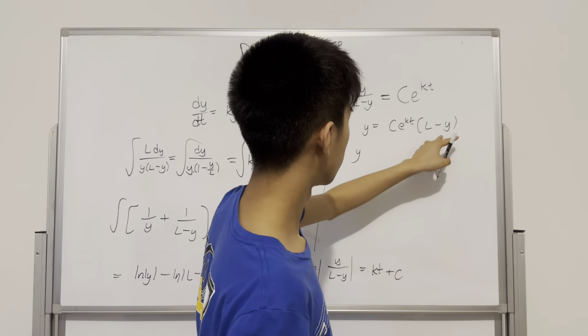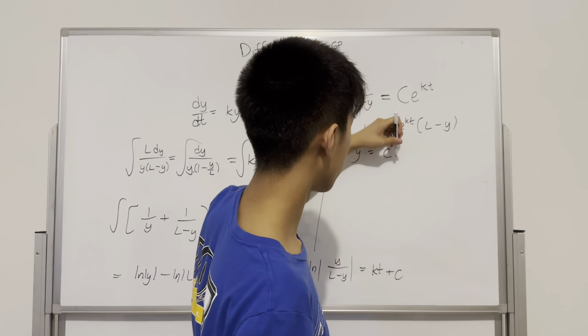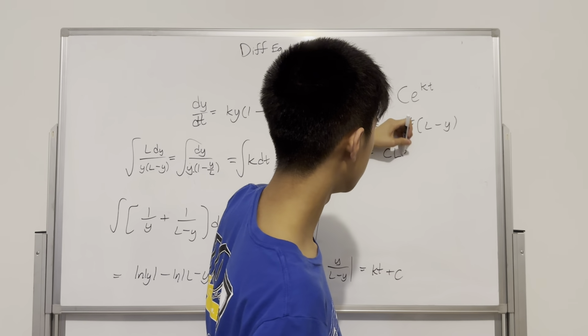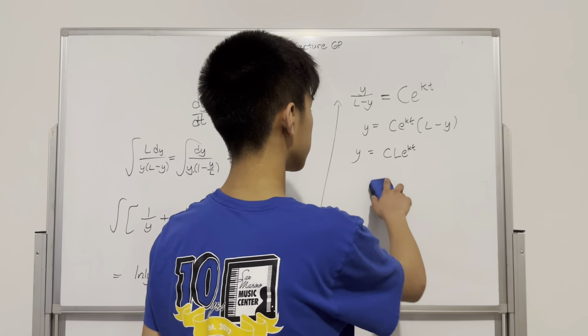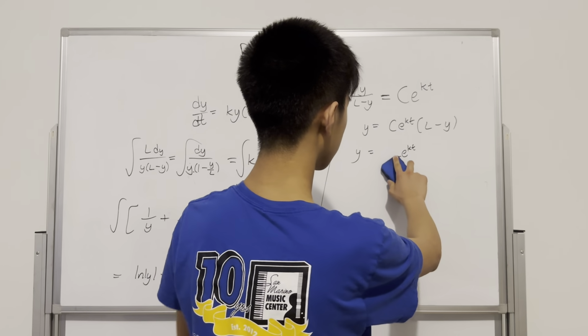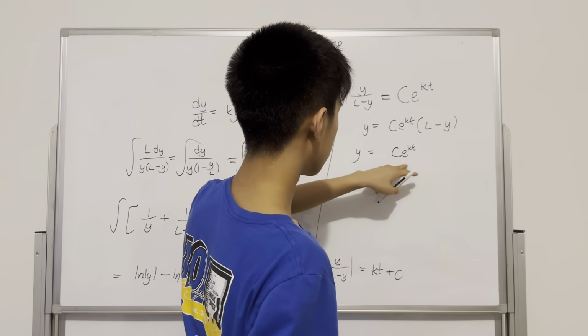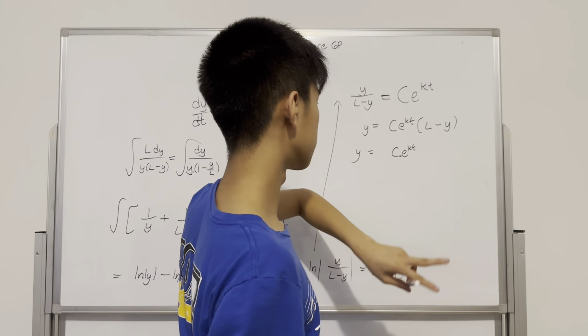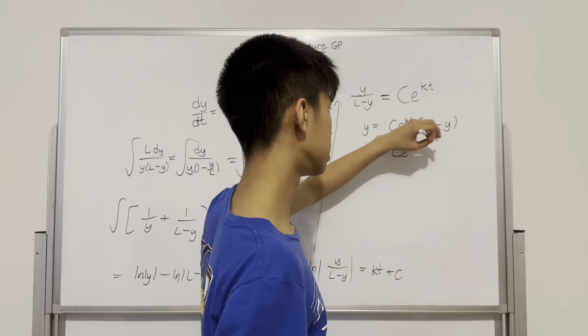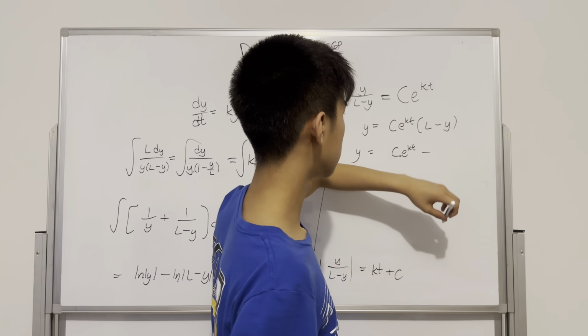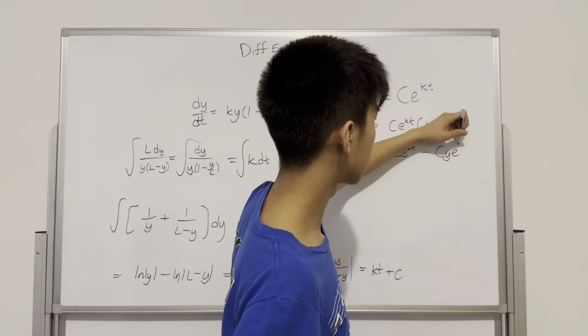We can distribute it out. So we have c times L e to the kt, where since L is a constant, c times L becomes another constant. I'll just keep it as c, it doesn't really matter, minus cy e to the kt.